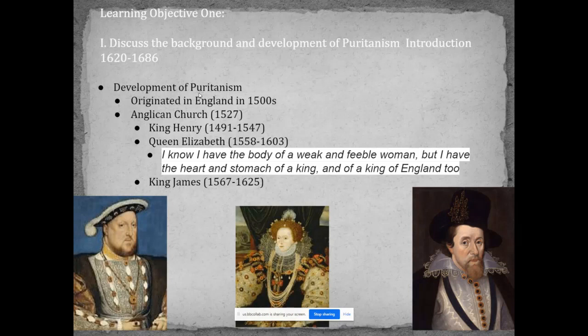So the Puritans were, again, true believers and were committed to their relationship with Jesus Christ and God, and wanted the institutions that they worshiped at to reflect that.